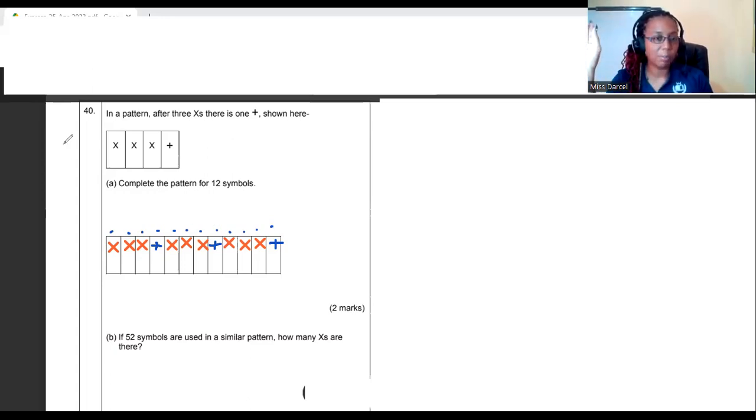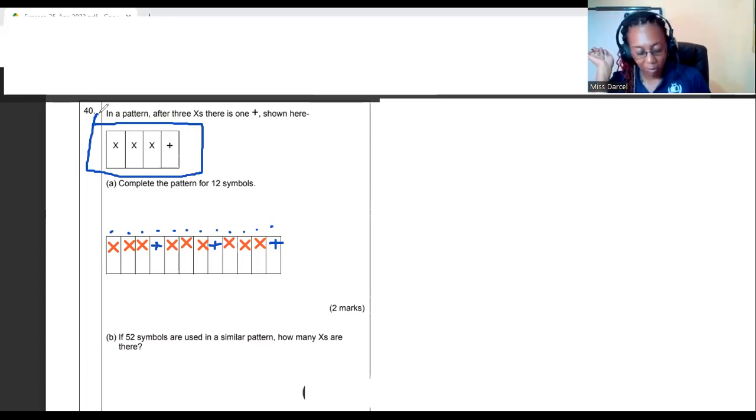So we know this is the pattern here. 3 X's, 1 plus. How many X's are there? All right, so the first thing we need to do, we know that the pattern is 3 X's and, let me use a different color, 1 plus.